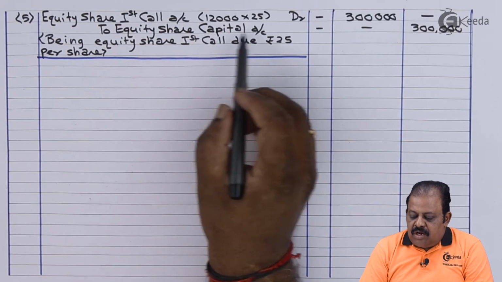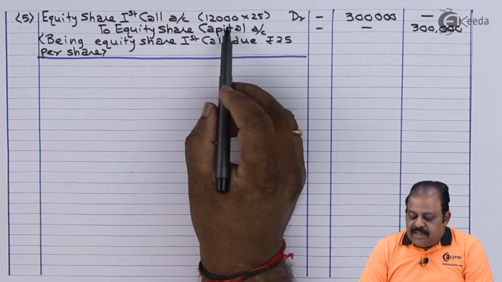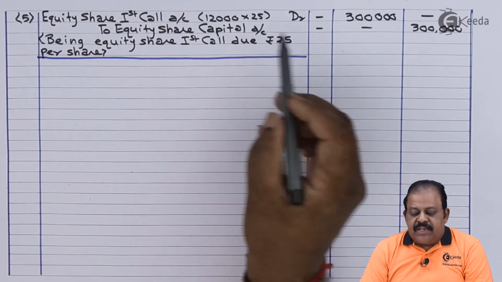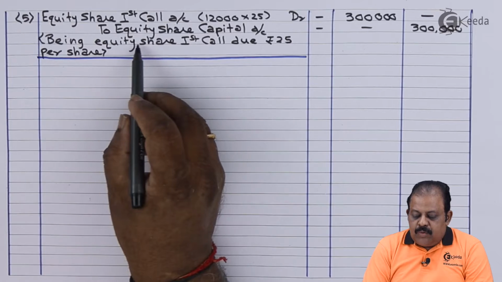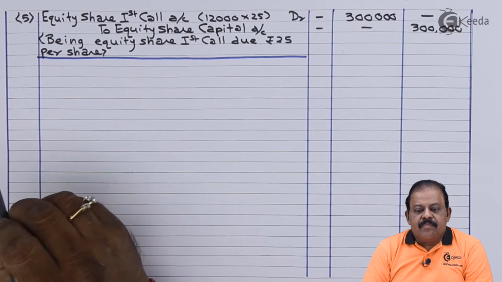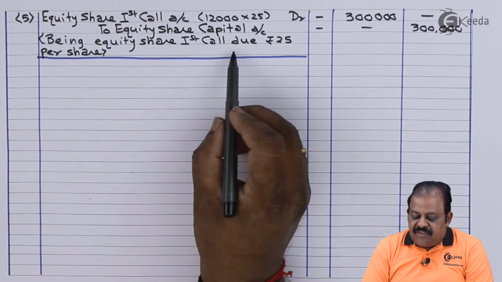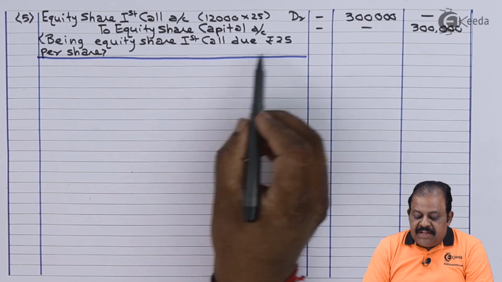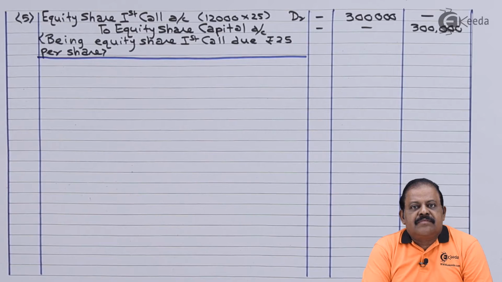Equity share first call account debit on 12,000 shares 25 rupees per share 3 lakhs to equity share capital account 3 lakhs, being equity share first call due rupees 25 per share.